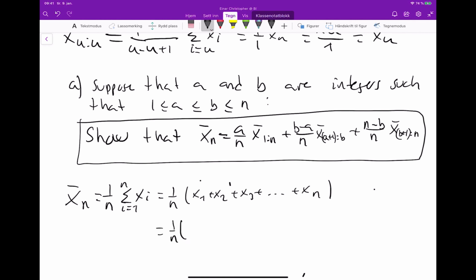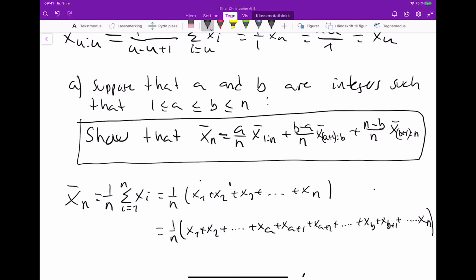So we get that this could be equal to 1 divided by n, x1 plus x2 plus up to xa, plus xa plus 1 plus xa plus 2 plus up to xb, and then plus xb plus 1 plus, and then up to xn.